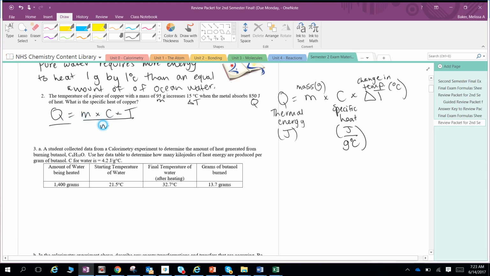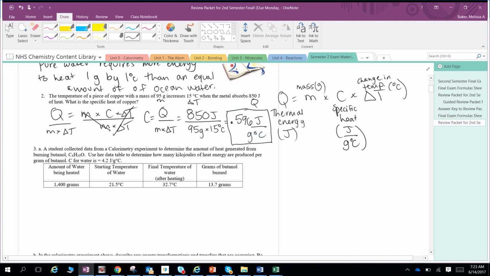So I'm going to solve the equation for C, which means I need to divide both sides by M delta T. So now C equals Q divided by M times delta T. Now I can plug my values in. 850 joules divided by 95 grams times 15 degrees Celsius. That comes out to be 0.596 joules per gram degrees Celsius. So that is my final answer.